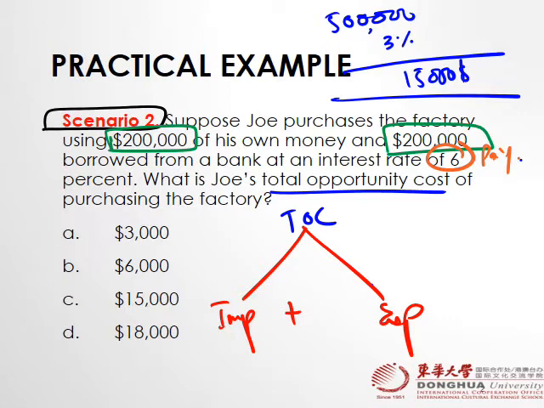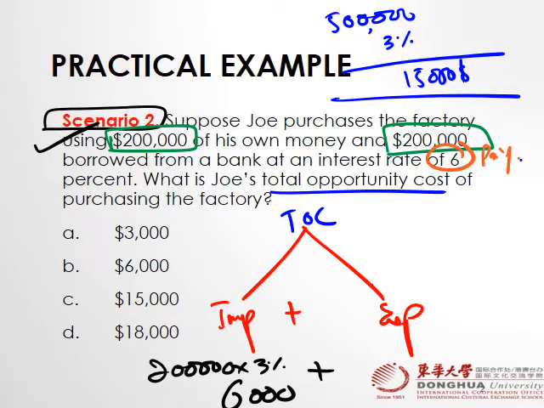What is implicit cost? Joe purchased the factory, half from his own money and half borrowed. So how much lost interest? $200,000 multiplied by 3%, which is 6,000, right?